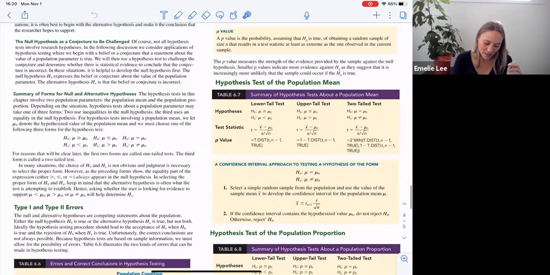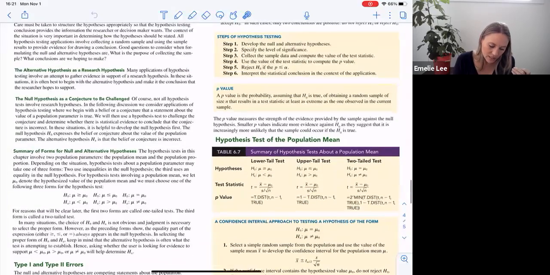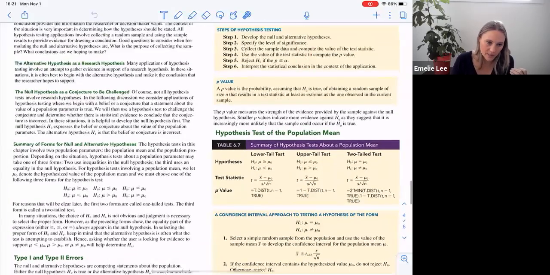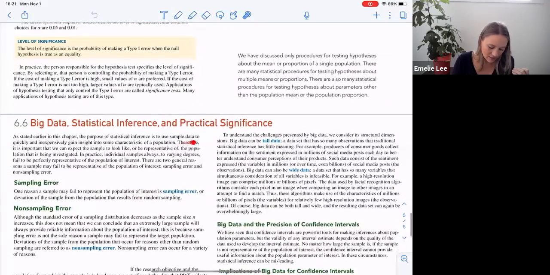We're not going to build hypothesis tests in Excel, but it's here if you need it, along with some concepts around hypothesis testing. Then we'll briefly talk about big data, and that'll be good for next day. If you have any questions, let me know. Otherwise, I'll see you on Wednesday.